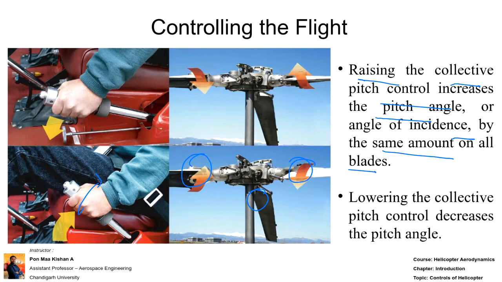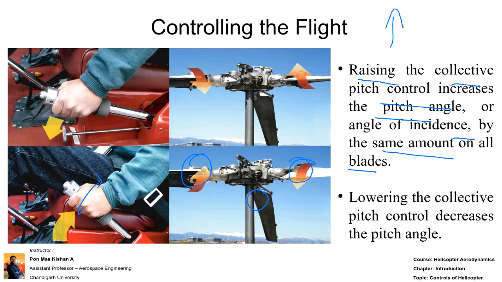Whether it is a 4, 3 or 2 blade rotor system, it depends upon the number of blades. All the blades will have the pitch angle changed by the same amount, so there won't be variation. So what will happen? The helicopter will start to lift.